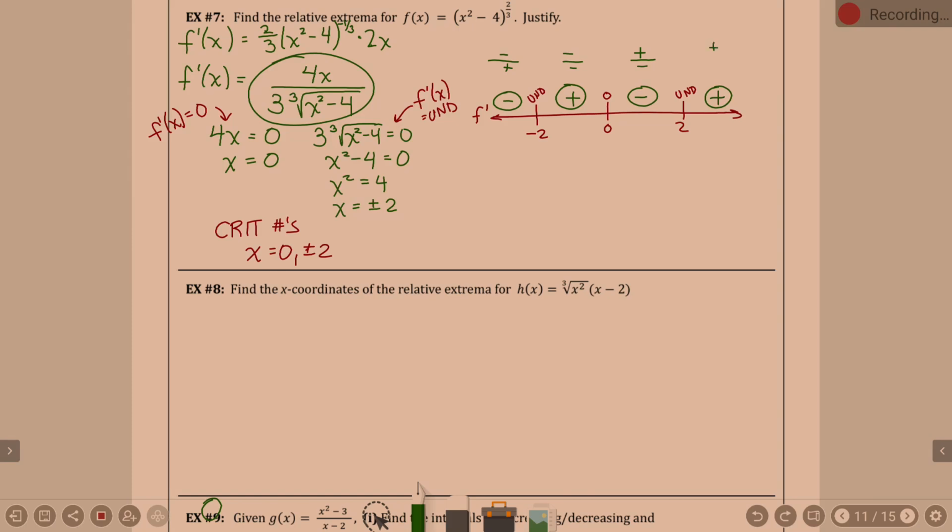So what do we know? If the derivative is negative, my original graph is decreasing. If the derivative is positive, my graph is increasing. We need to know the relative extrema. What do we have?